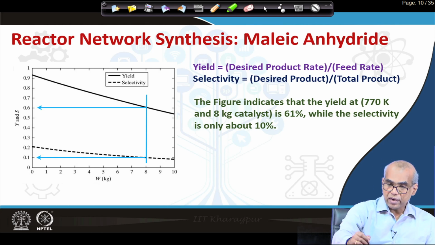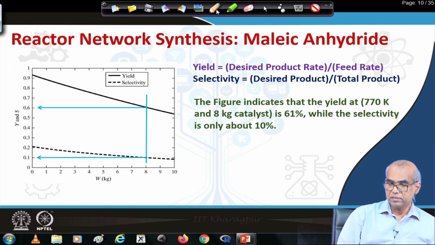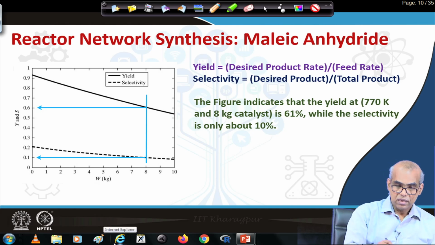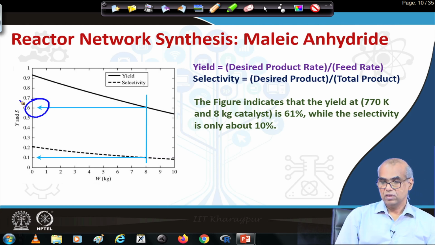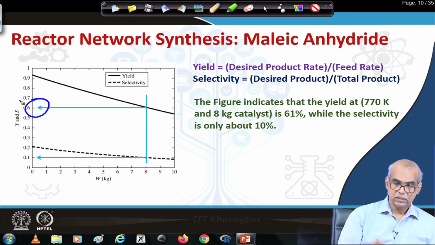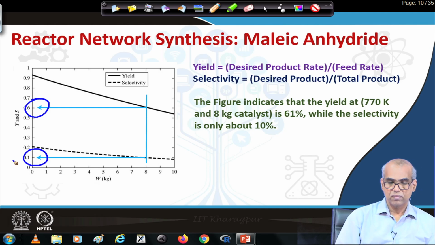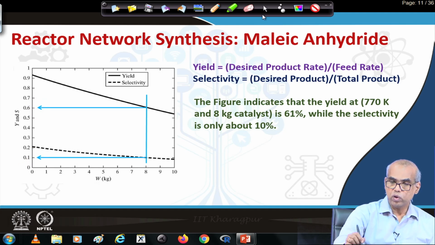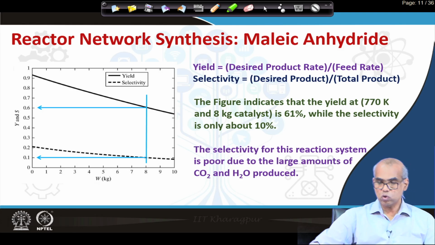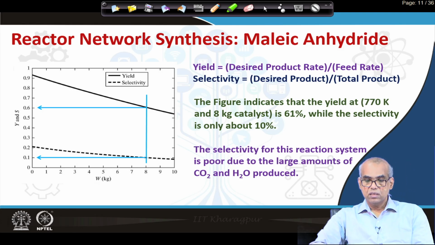The yield at 770 Kelvin and 8 kg catalyst, that is the condition that we have chosen, is 61%, while the selectivity is only 10%. Why is the selectivity so low here? The selectivity is so low because of the production of large amounts of byproducts CO2 and H2O.